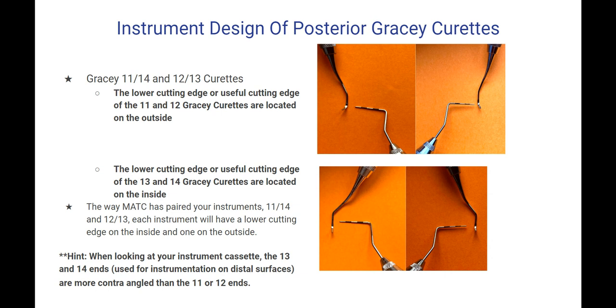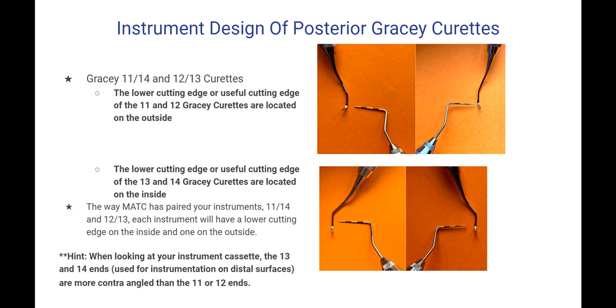Instrument design of posterior Gracey curettes. Gracey 11-14 and 12-13 curettes. The lower cutting edge or useful cutting edge of the 11 and 12 Gracey curettes is located on the outside. The outside cutting edge is further from the handle, as is shown in the top two photographs.